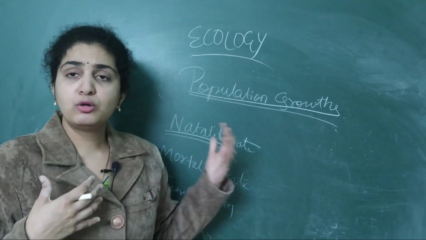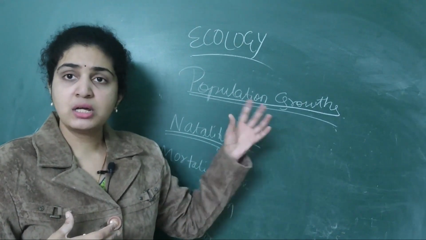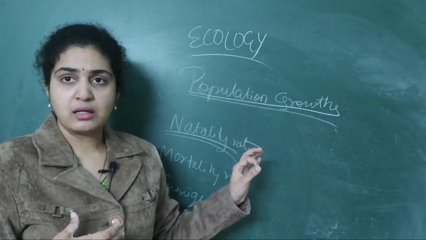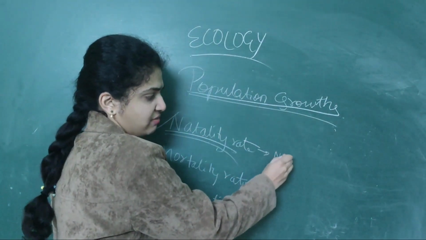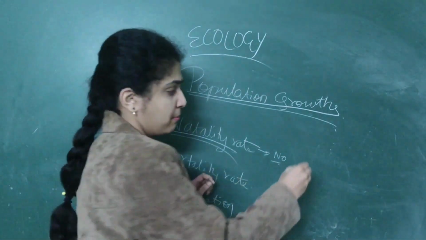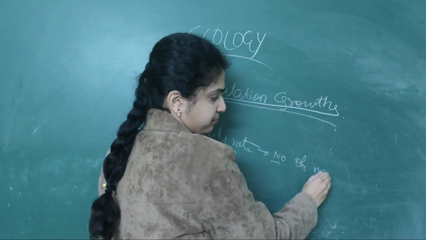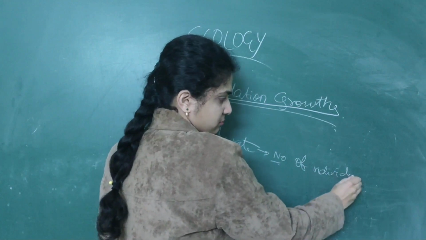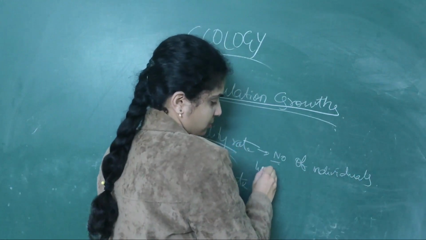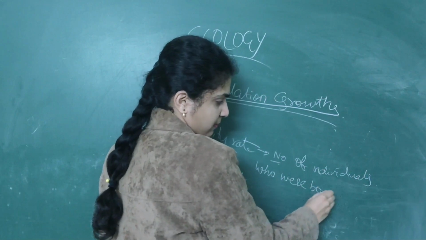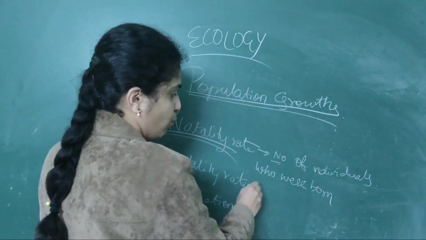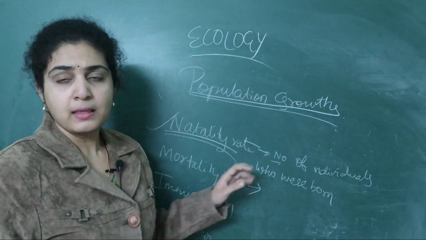Number of new individuals who are born in a population in a given year is called natality rate. Then mortality rate.